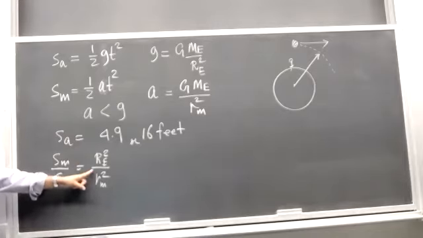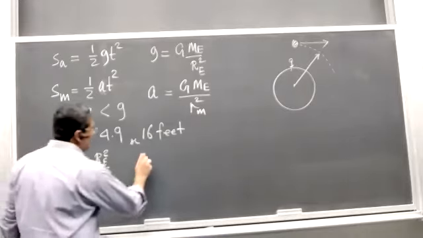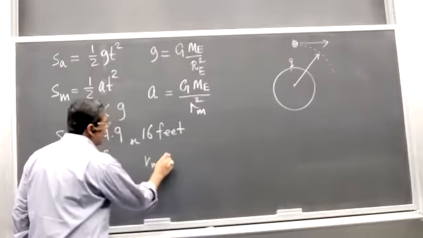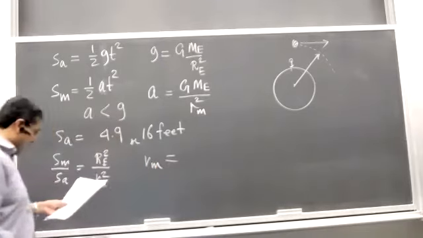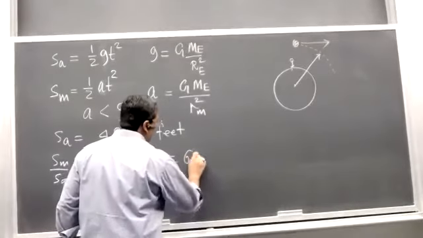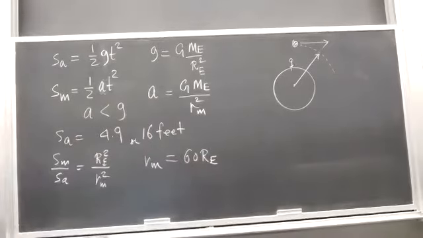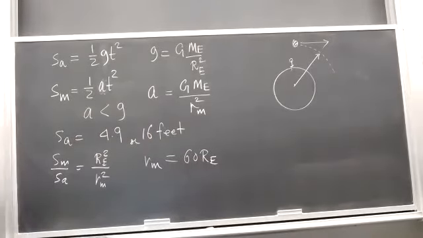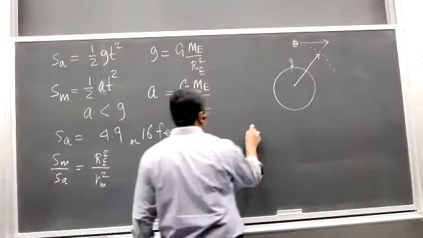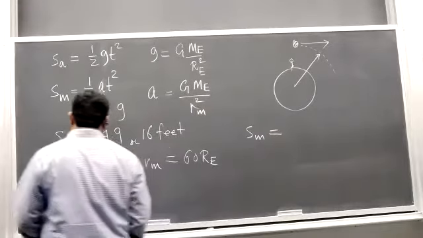The RM, the distance from the center of Earth to the moon, was simply 60 times the radius of Earth. Okay. And if you plug that in, you would get the distance that the moon would fall in 1 second. Can you calculate that quickly?